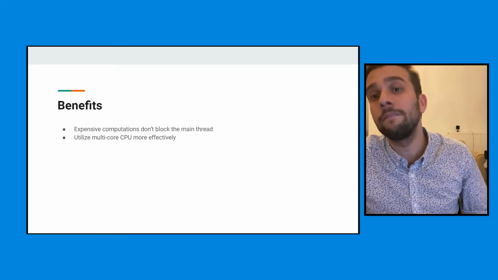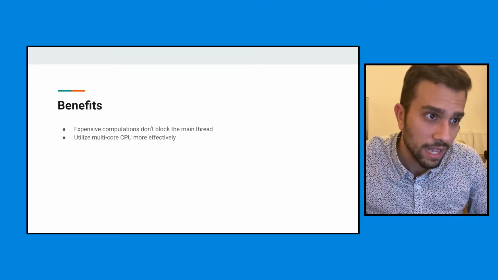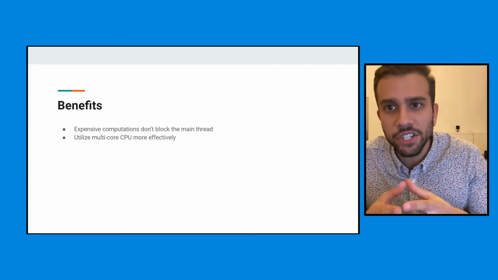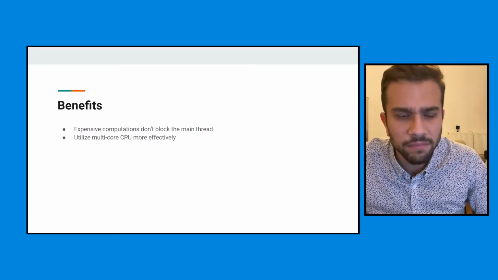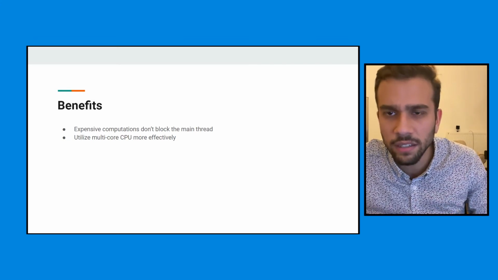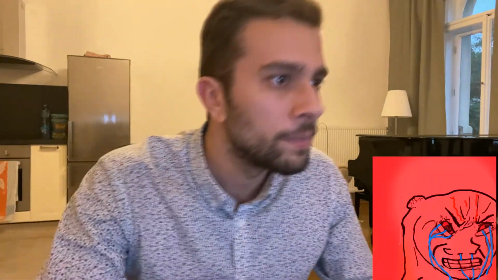The benefits of web workers are that expensive computation doesn't block the main thread. The user will not feel like there is something blocking the UI. He cannot move the mouse, because it's extremely annoying when you cannot move the mouse. I always get so angry.